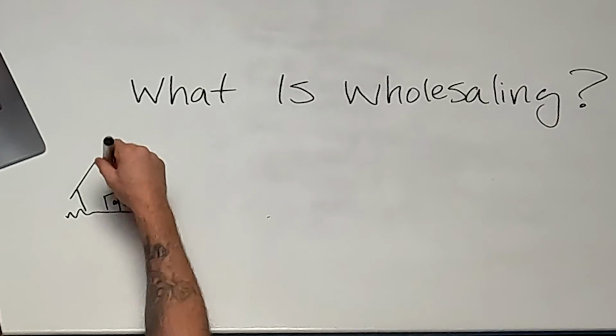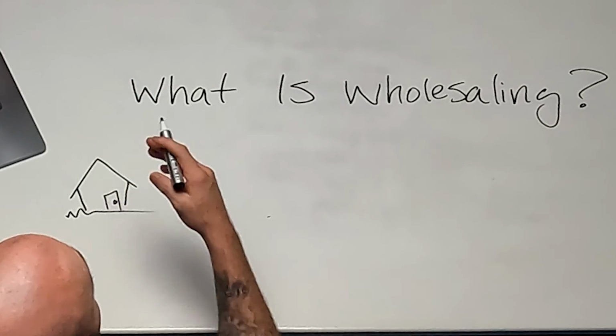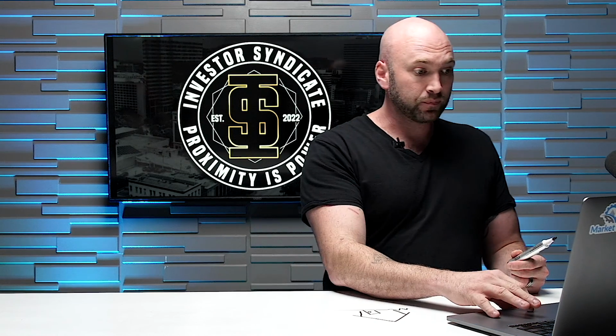Now what this process actually looks like from start to finish is, one, we need to find and identify properties. Well, in most cases, whenever we're finding a property that a seller's actually willing to sell at a discount, there's most likely some type of distress and some type of problem with this property.